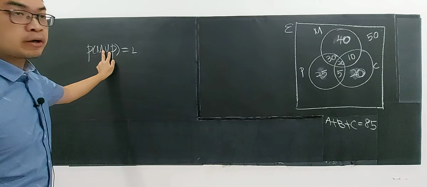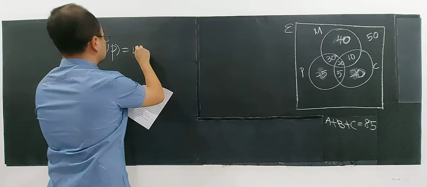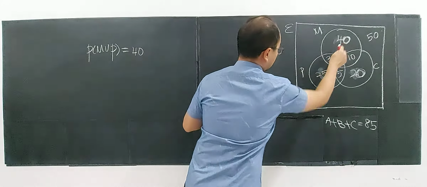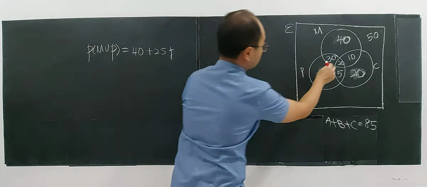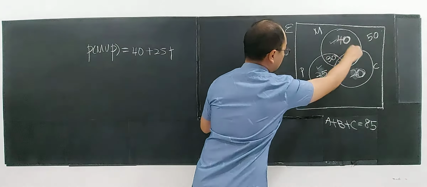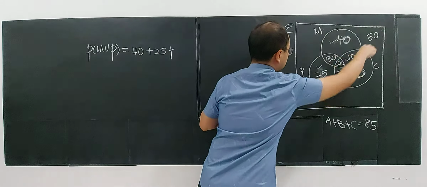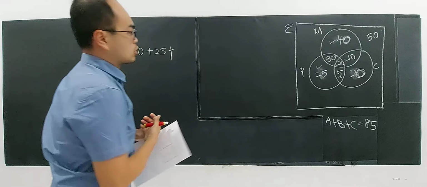The meaning of "or" here is very broad. So we have to take 40 plus 25 plus all of this, all the numbers in set M and set P. This is called union.